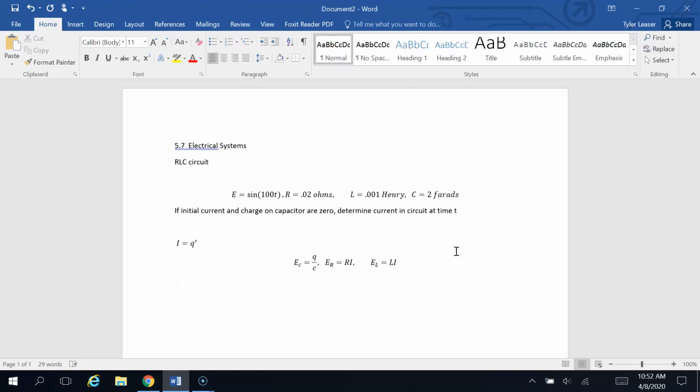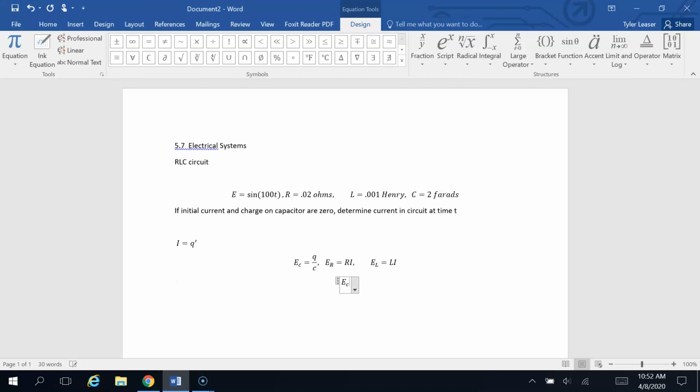Okay. If we take all of these together, the voltage across the capacitor, voltage across the resistor, plus the voltage that's going across the inductor, this is going to just add up to the total voltage of my circuit. All right, so now we can just plug in all these different values. So it's going to be this first one here, E sub C. I'm going to put it at the end and just kind of rearrange it some. You'll see why here in a minute.